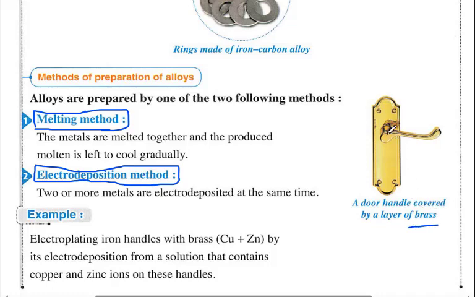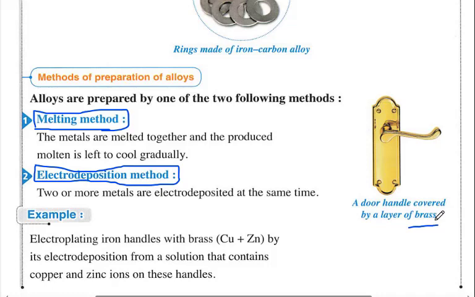So we can connect this handle with the cathode, or the negative electrode of the battery, or the negative pole of the battery, to act as cathode. Then we will make two columns of copper and zinc to be connected to the positive pole of the battery, and a solution of mixture of zinc and copper salts.